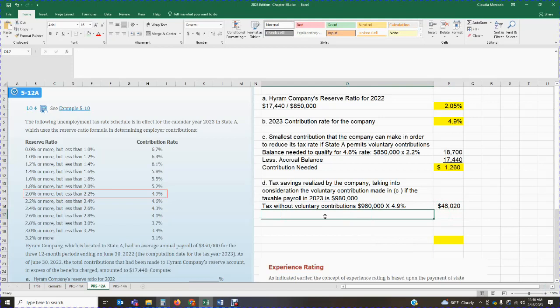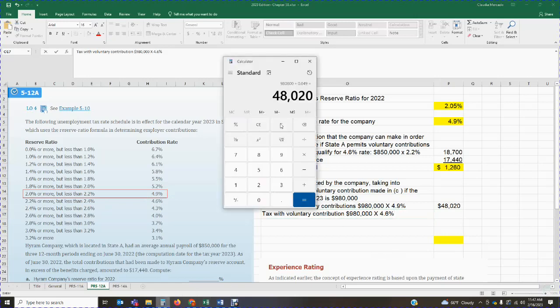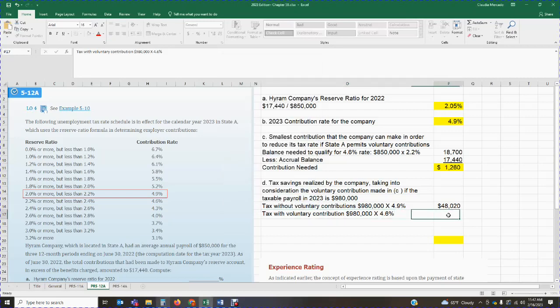Now let's do the tax with the voluntary contribution. If we contributed that additional $1,260, we would still pay taxes on the 980, but my rate would be 4.6%. I would be moving down to that other tier, the tier below. So if I were to put in 1,260, I would go down to that tier below at 4.6, and then I would have paid 980 times 4.6%, 45,080.